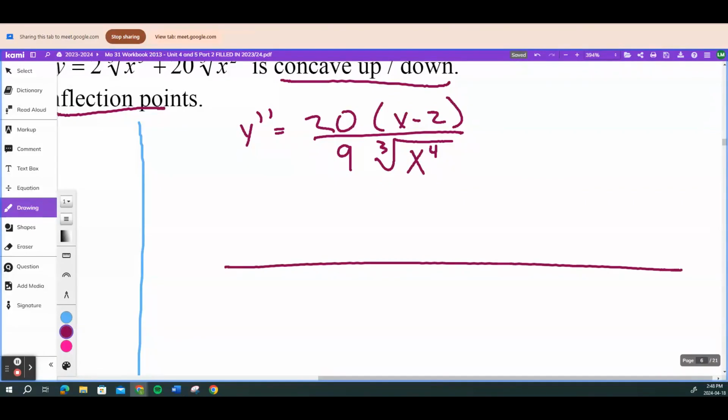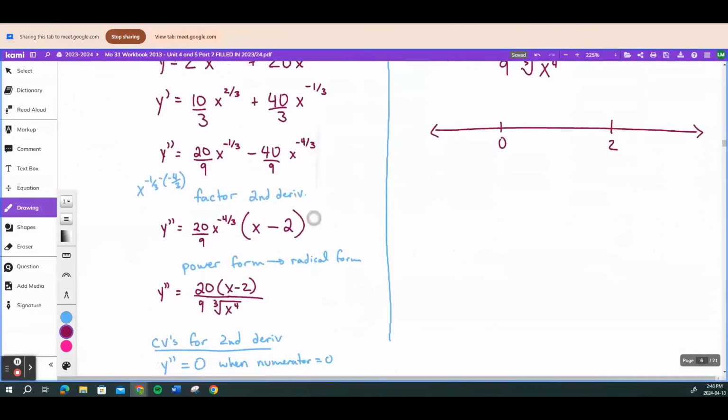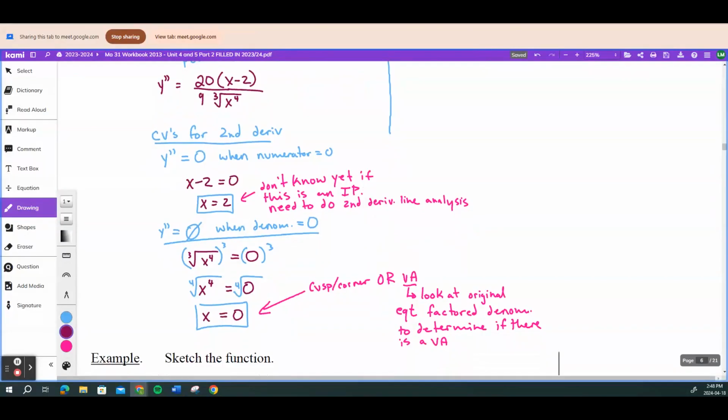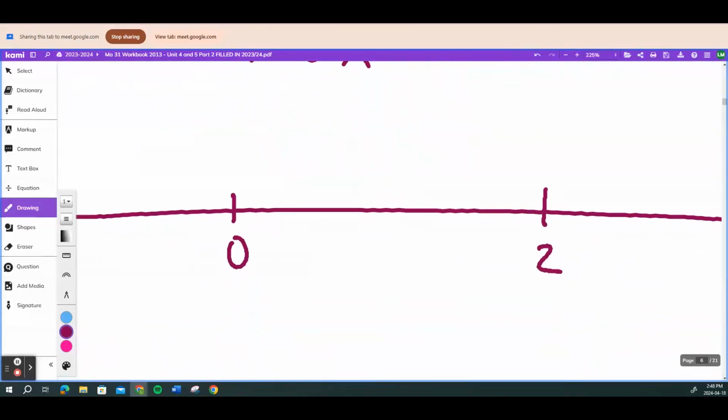Okay, so I'm going to make my number line here. And we said that our critical values were at 0 and 2. At x equal to 2, our second derivative is equal to 0, and at x equal to 0, our second derivative does not exist. So I'm just going to relay that here: it doesn't exist here, and it's 0 here.